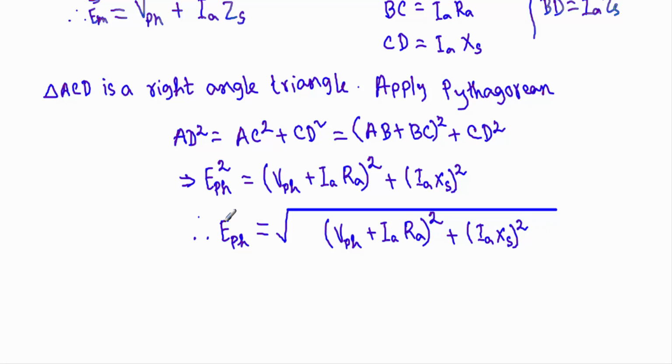Okay, so when we load an alternator with resistive or unity power factor load, our EPH will be equal to root over VPH plus IRA whole square plus IAXS whole square. Okay, that's it. Thank you.